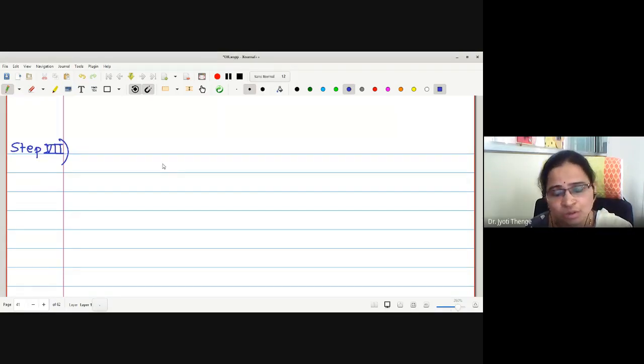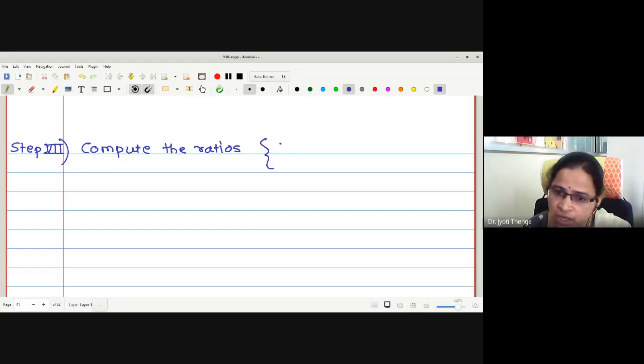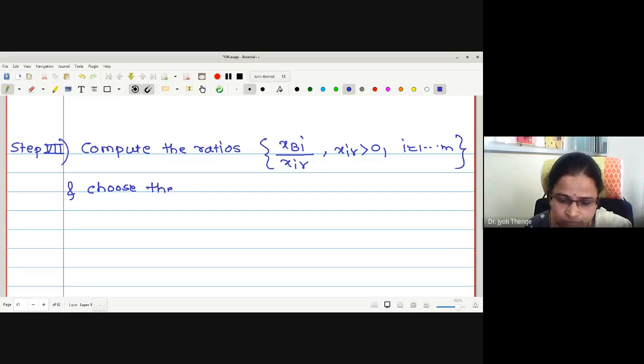To find the criteria for the leaving variable, we compute the ratios xbi upon xir, where xir is greater than 0, i takes the value 1 to m, and choose the minimum.